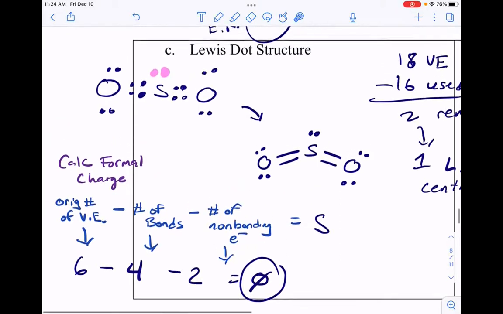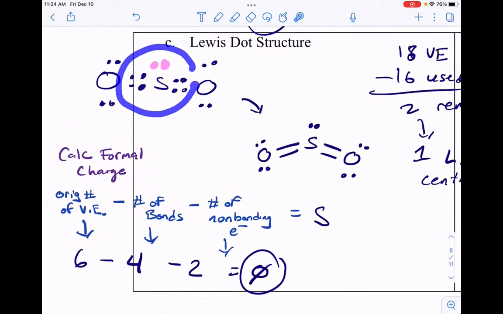Okay, and so if you are looking at the number of electrons surrounding sulfur, you have 1, 2, 3, 4, 5, 6, 7, 8, 9, 10. Notice that sulfur breaks the octet rule, right? And it can break the octet rule because it's not part of FONC, F-O-N-C.